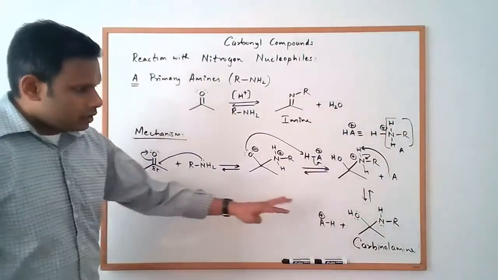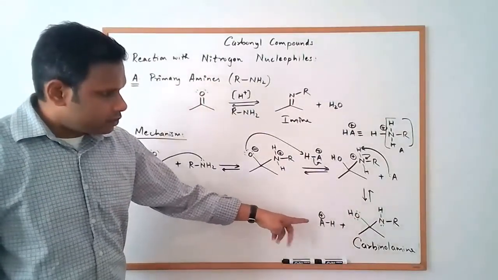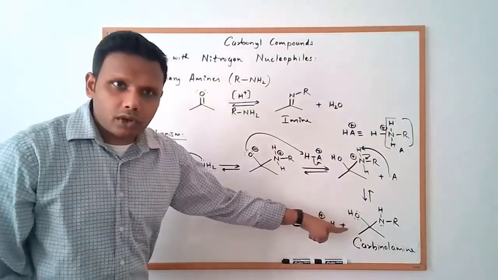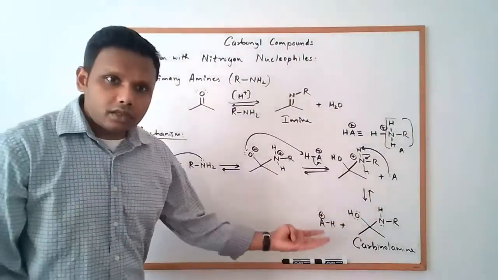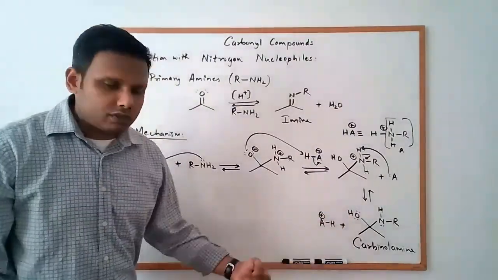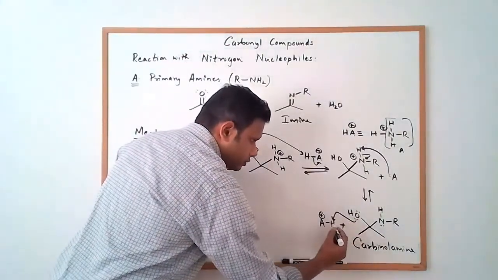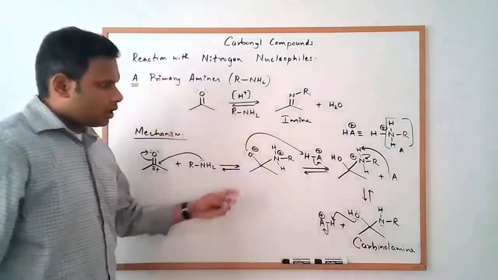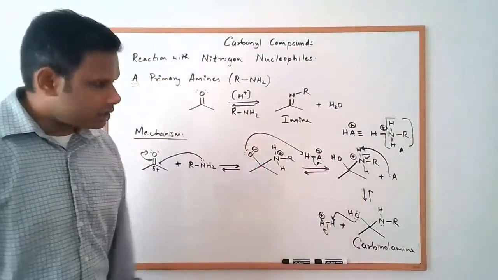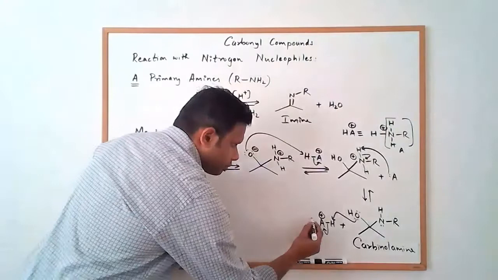Now, again, what we have to do here is get rid of this hydroxyl group. As we've seen in the previous mechanisms that we went over, hydroxyl is not a good leaving group. So the best way to get rid of it under acidic conditions is to protonate it.